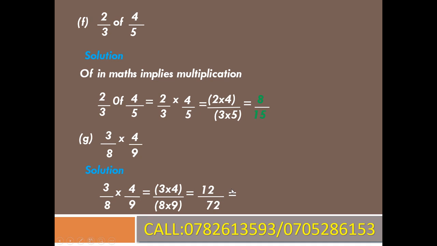And once you reduce that, you end up with 1 out of 6. Another student, since it is multiplication, would have reduced this by 3 once, and by 4 once, giving 2. So 1 times 1 gives us 1. 2 times 3 gives us 6, which still takes us to exactly the same answer.